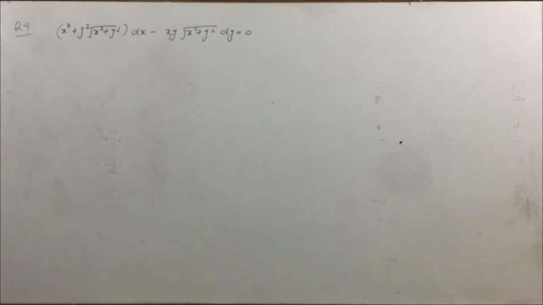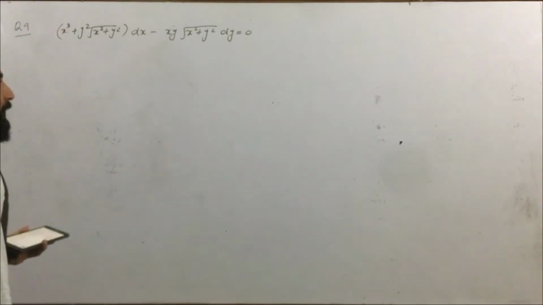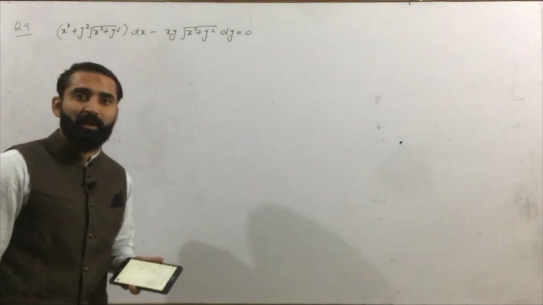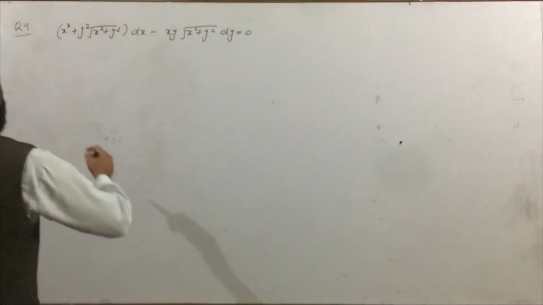As we can see, this equation is not a separable differential equation, so we will put it into the form of dy over dx is equal to f of (x, y) divided by g of (x, y), two functions which are divisible.